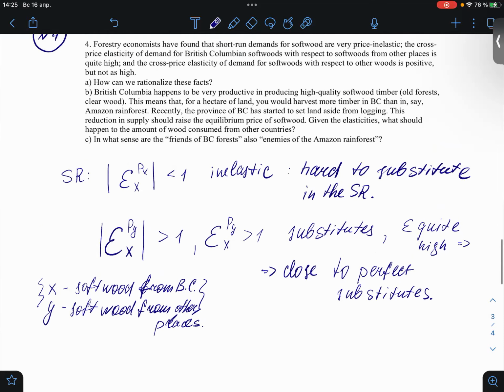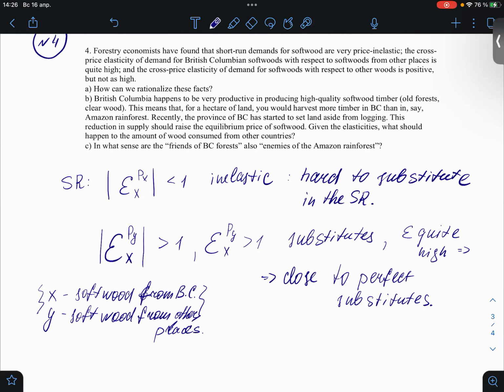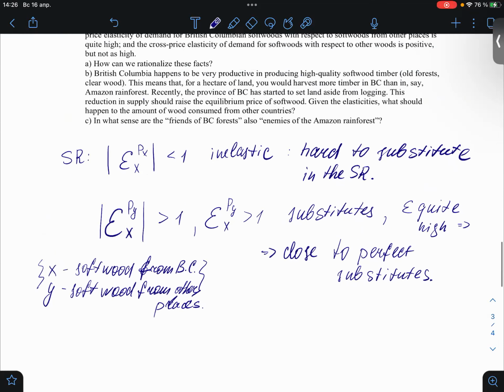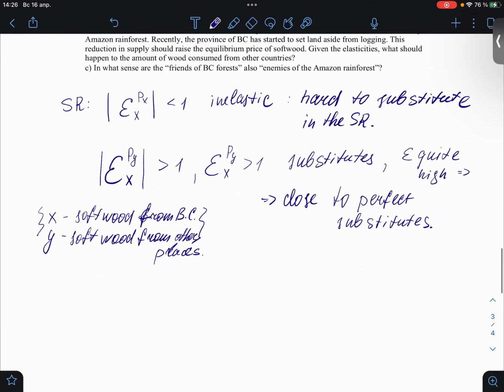Then what else? Cross-price elasticity of demand for softwoods with respect to other woods is positive, but not as high.